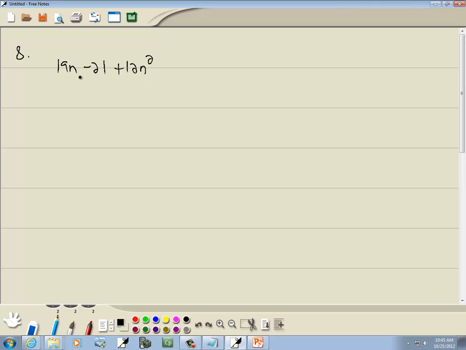Well, this isn't in standard form, so I need my n squared first, my n next, and my no n at the end. So again, n squared, n, no n. First method, GCF. Well, I don't have anything in common. Second method is grouping. We need 4 terms, and we have 3 terms here, so that doesn't fit.